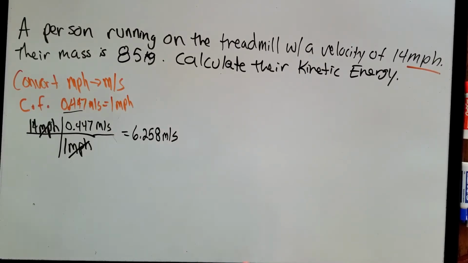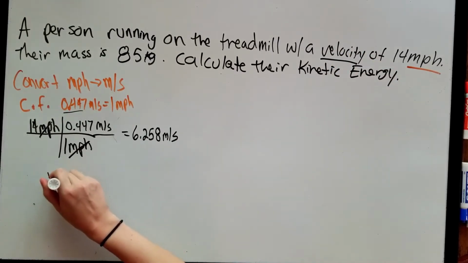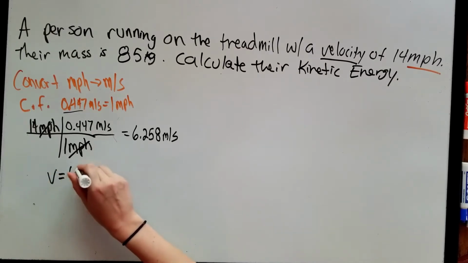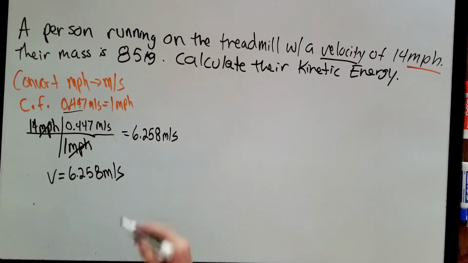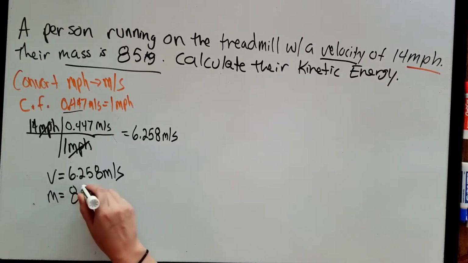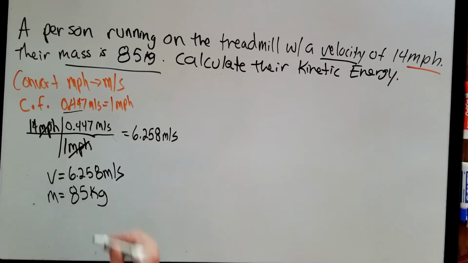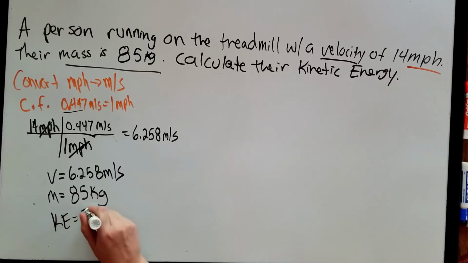All right, so that meters per second says right here it's a velocity. So for my knowns and unknowns, I'm going to label that as V. The other piece of information is in kilograms. Is that okay? It is. So that's my mass. That's going to be 85. Okay. What it wants us to calculate, our unknown, is going to be kinetic energy.